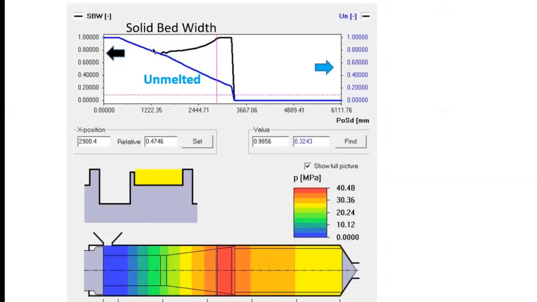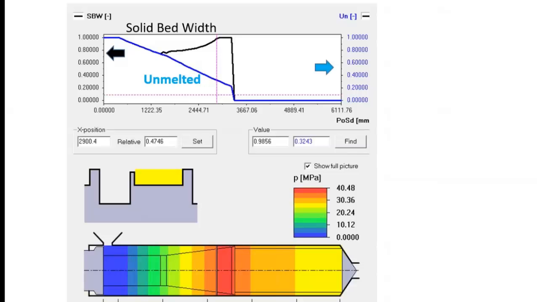And so we can see here that when the barrier section is introduced, the solid bed ratio starts to increase, but the material is still melting. The melting rate is still fairly constant. What's happening is that the reduction of the solids section of that screw, that volume, is reducing faster than the rate at which the polymer can melt.